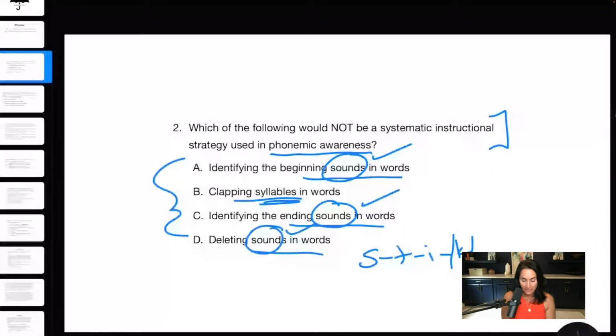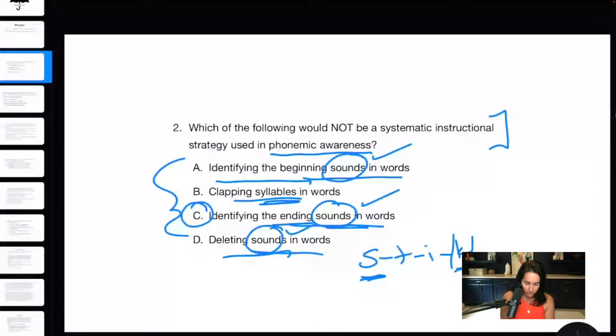So the beginning sound, yes, s, in stick. Identifying the ending sounds, k, that's phonemic awareness. Deleting sounds, delete the s in stick, and we get tick, right?